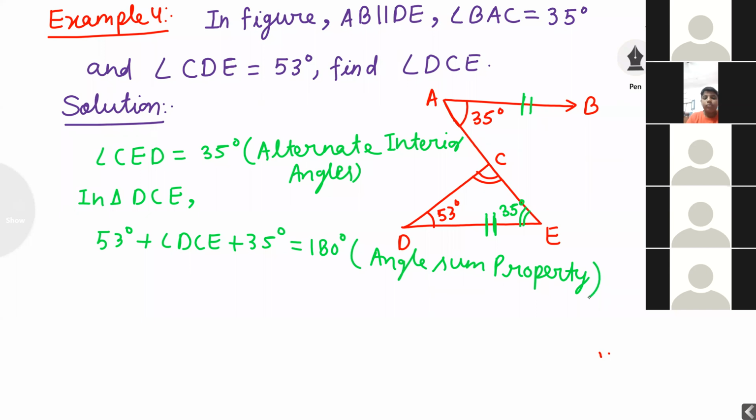Then 53 plus 35, angle DCE plus 88 degree is equal to 180 degree.